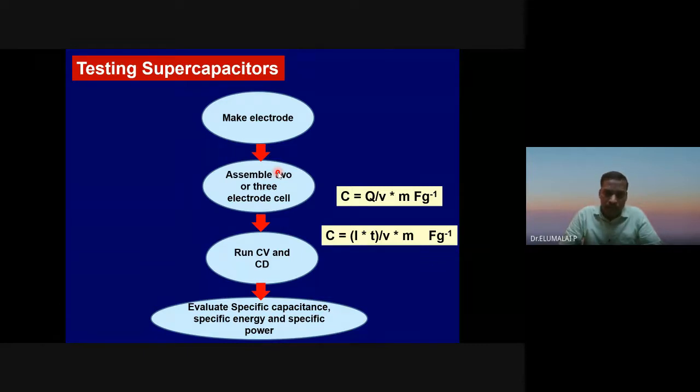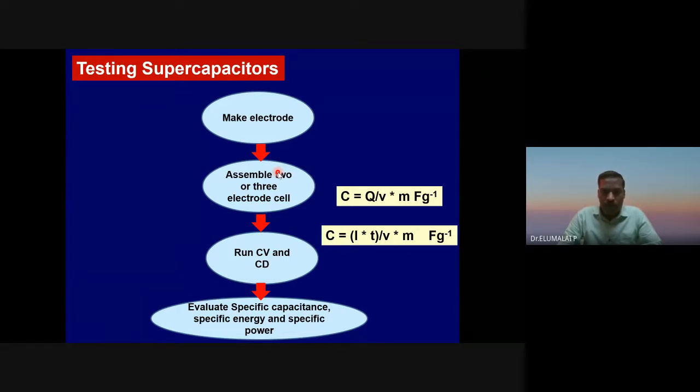If it is a water-based electrolyte, the preferable potential window is between plus 0.8 and minus 0.8 in a 3 electrode system. You run the cyclic voltammogram as well as the CD, charge discharge profile.